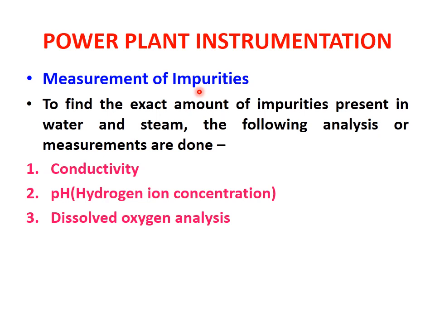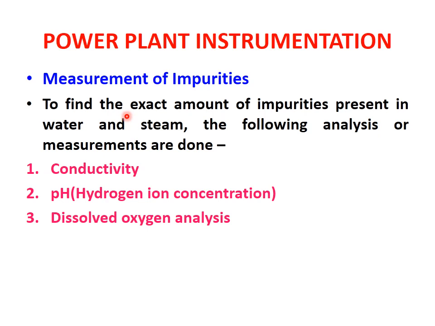Basically, up till now we have seen the measurement of temperature, then measurement of steam pressure, then water pressure, how the level measurement is done for a particular boiler drum, then what are the various impurities in water or steam. So basically all these parameters lead to another component known as measurement of impurities.